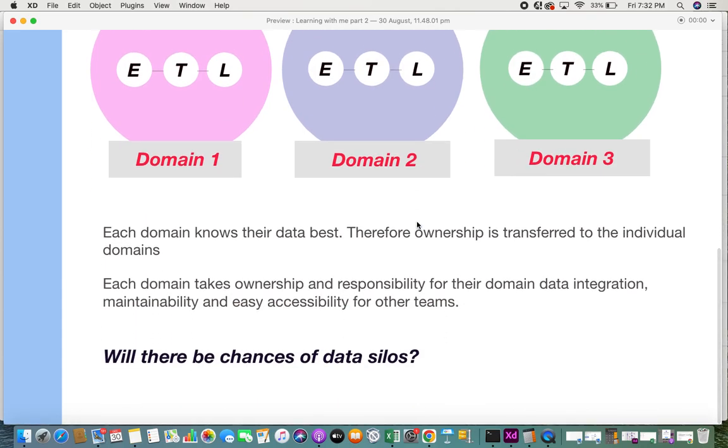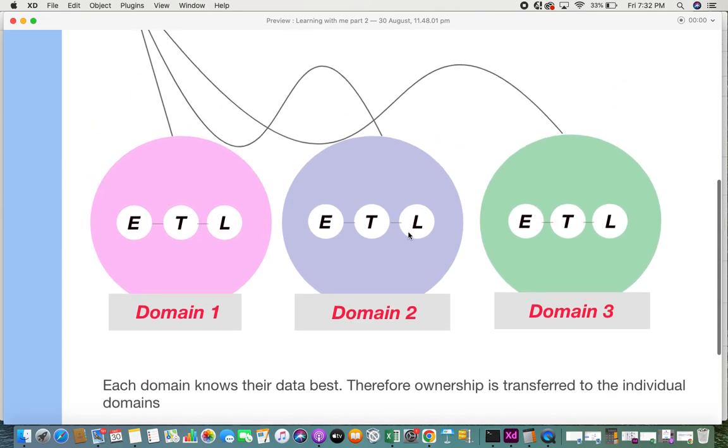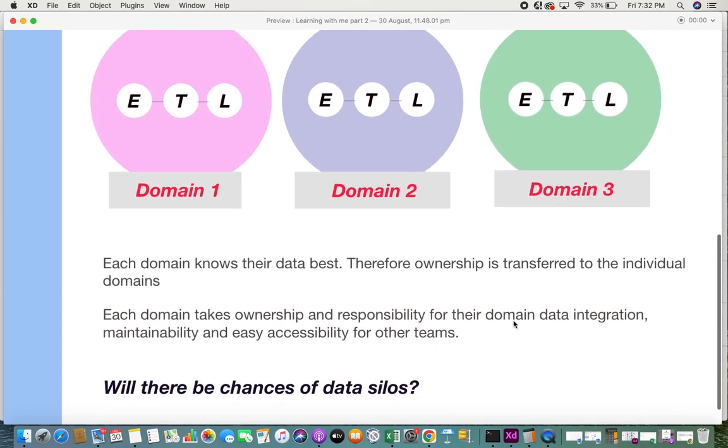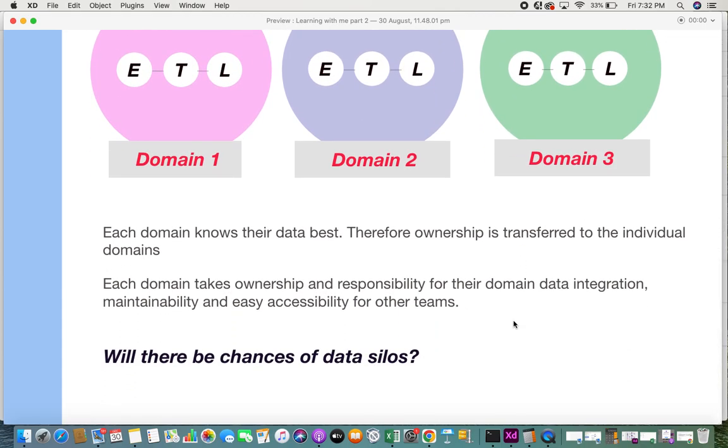That was the reason for transferring ownership. So they take ownership of the data integration, maintainability, and easy accessibility for other teams. By decentralizing this, it might come up in your mind whether there will be any chances of data silos. To answer this question, we need to go through the other principles.